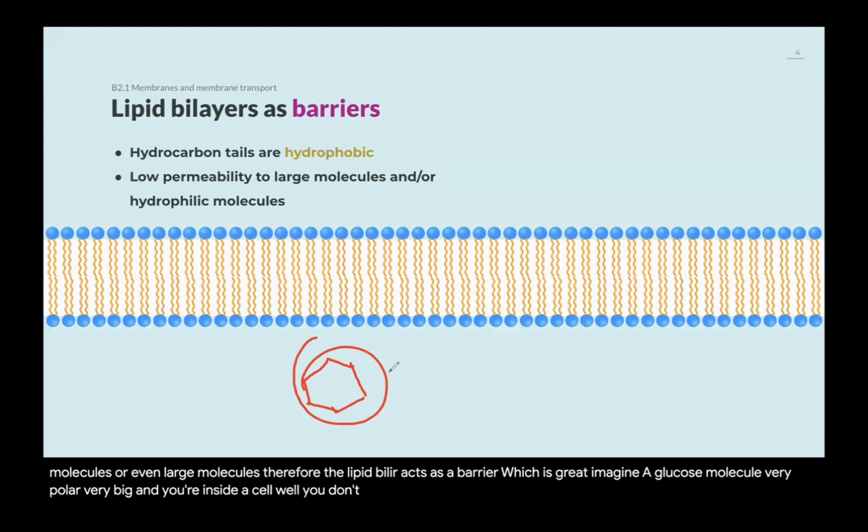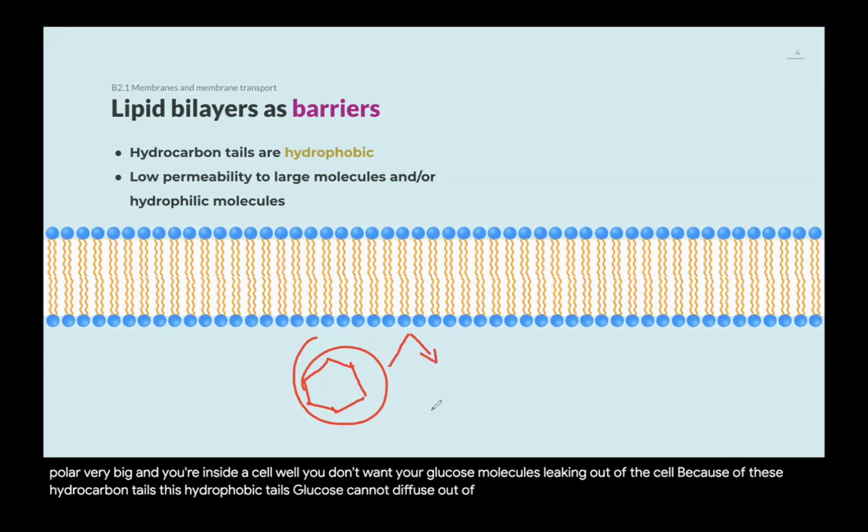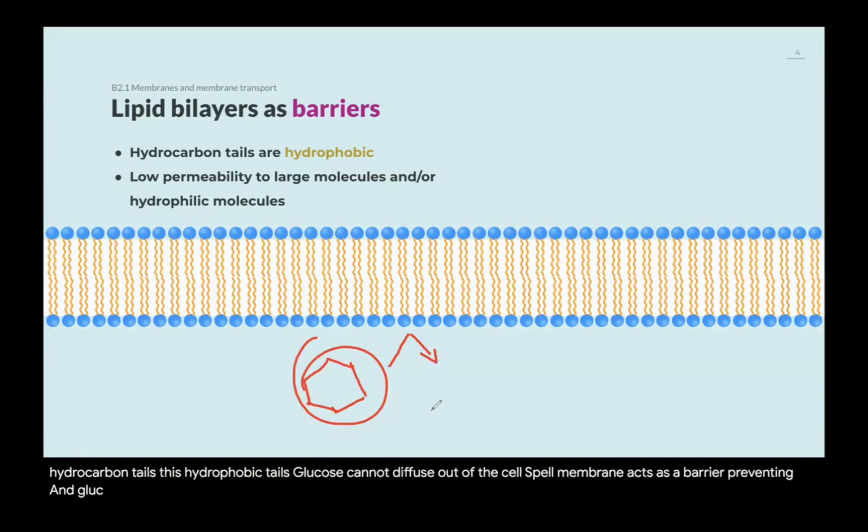Well, you don't want your glucose molecules leaking out of the cell. Because of these hydrocarbon tails, these hydrophobic tails, glucose cannot diffuse out of the cell, and the cell membrane acts as a barrier, preventing amino acids and glucose and organelles from just swimming away out of your cell.